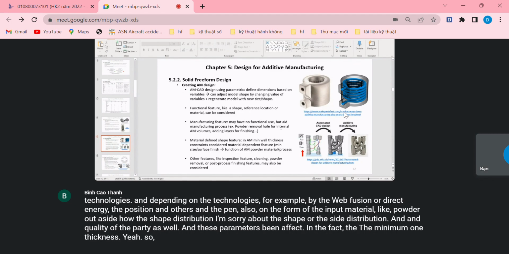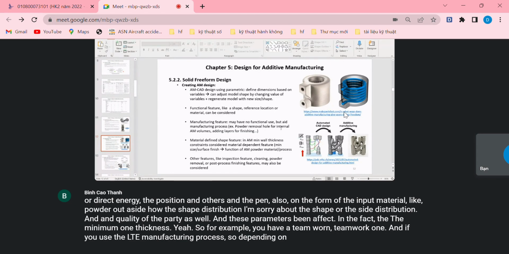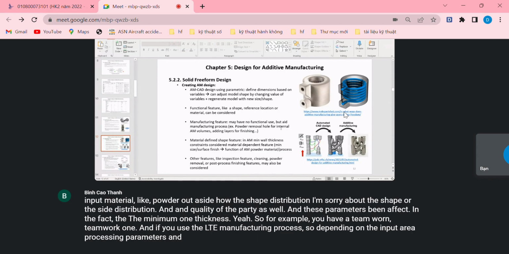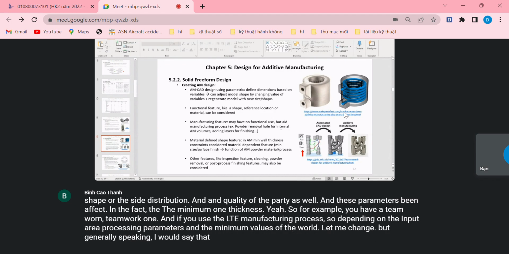So for example, you have a thin wall, and if you use the additive manufacturing process, depending on the input material and processing parameters, the minimum value of the wall can change. But generally speaking, I would say that it is 1 millimeter.